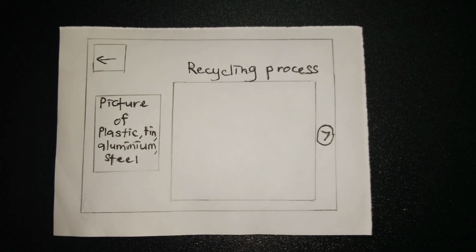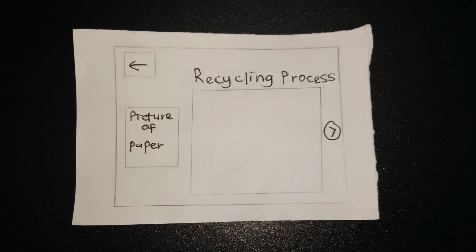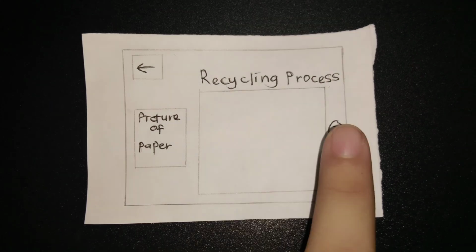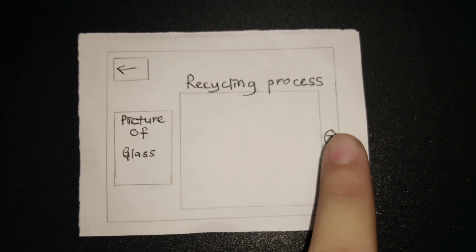And next, for the blue recycle bin, there is a picture of paper and its recycling process. And next again, you will see the brown recycle bin, which is for glass, with the picture of glass and its recycling process.